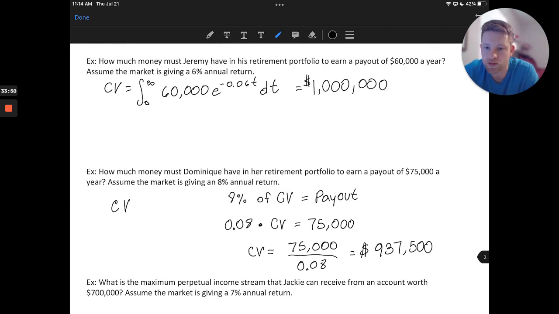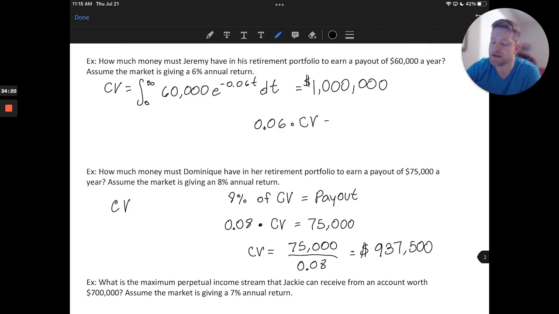Now, we could have done the same thing with our Part A, or our first example up here, and we can just show that for a moment. We know that in this case, we had 6% interest, or what we'd say is 0.06, so 6% of my capital value has to be equal to $60,000.